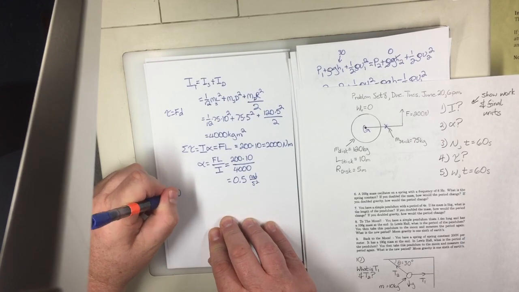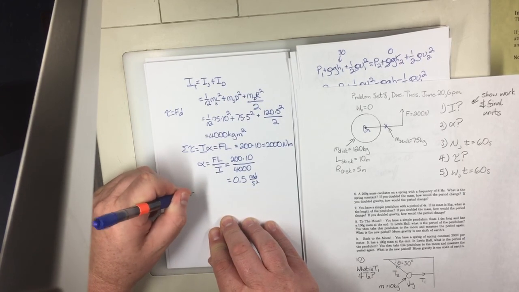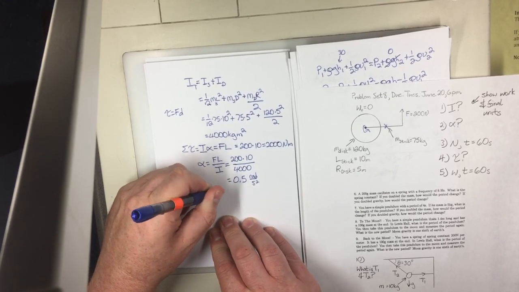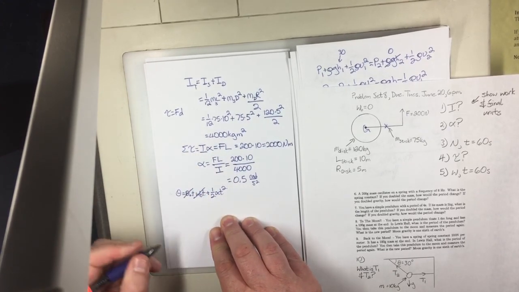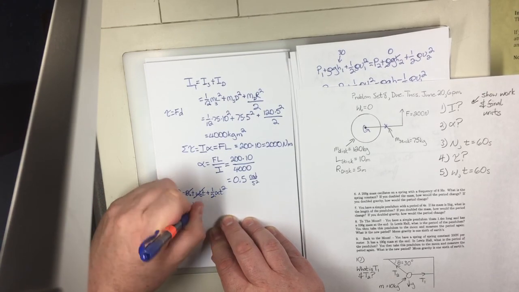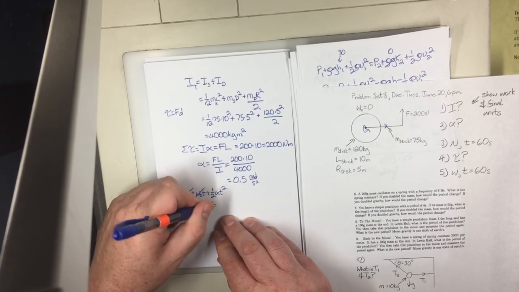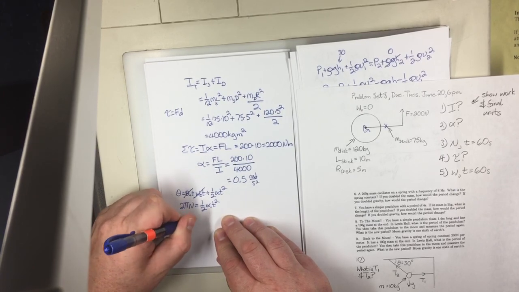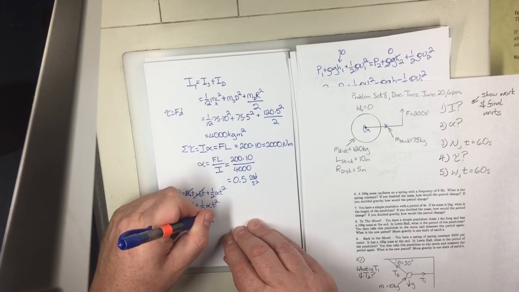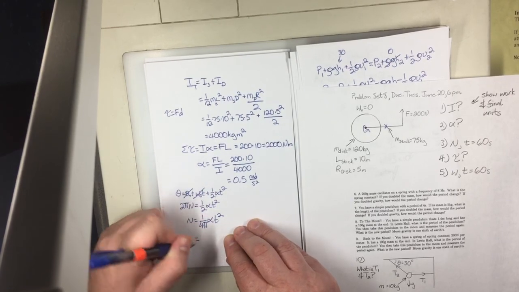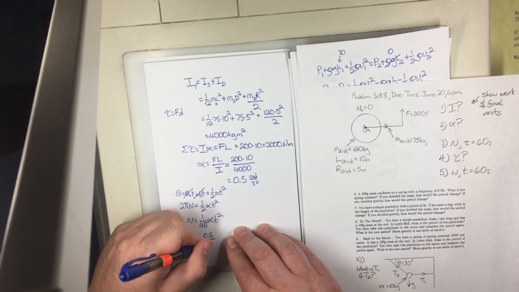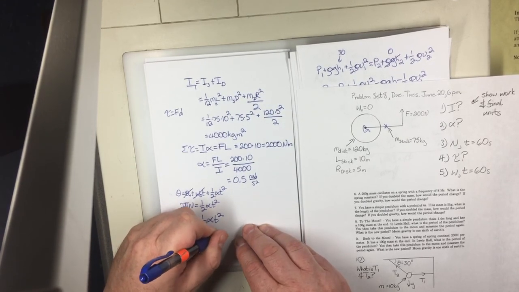For 3, it's theta equals theta naught plus omega naught t plus 1/2 alpha t squared. Those are 0, it's always 0. Theta is 2 pi n, equals 1/2 alpha t squared. So n is 1 over 4 pi alpha t squared. So this becomes 0.5 divided by 4 pi times 60 squared.